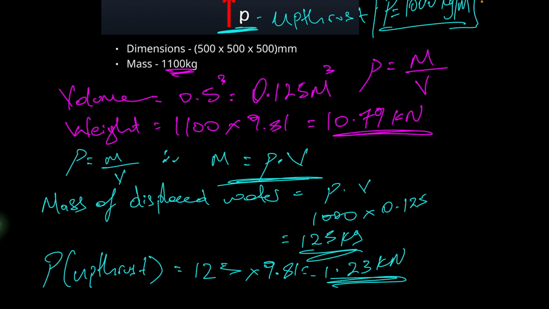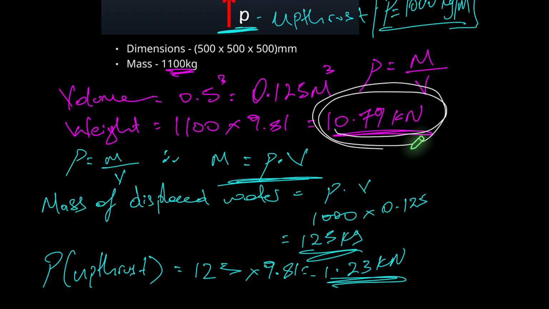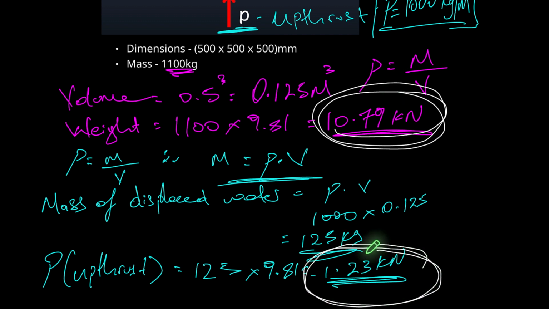So what we need to do now is to compare two things. Up top right here, I'm circling with the white, that's the weight of the object that we're putting in the water to sink or float. And down here is the upthrust, which is the resisting force.